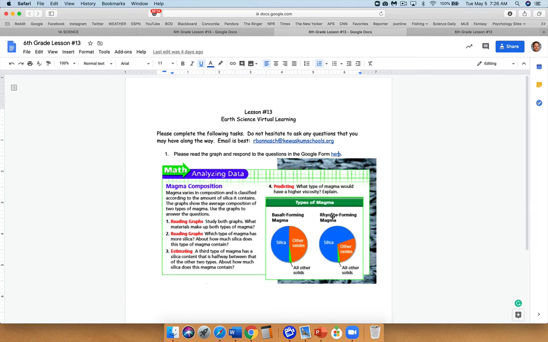So we know this one has more silica. So for the first part of number two, or in your case, when you responded number two, the correct answer is rhyolite forming magma. The second part says, about how much silica does this type of magma contain? Well, let's just say that this one was 50% because it's about halfway right across there.